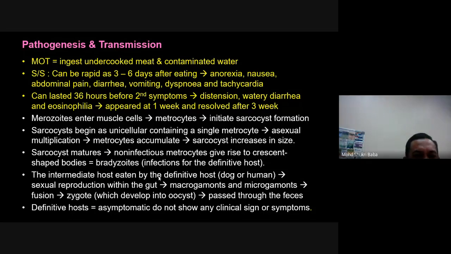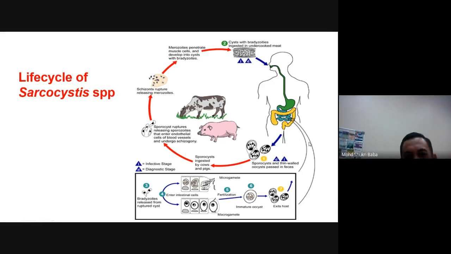Alright, so apa yang saya warnakan putih ini lebih kepada life cycle. So saya rasa I will baca life cycle dekat sini. Okay, so the life cycle is explained in details pada handout yang saya bagi itulah.